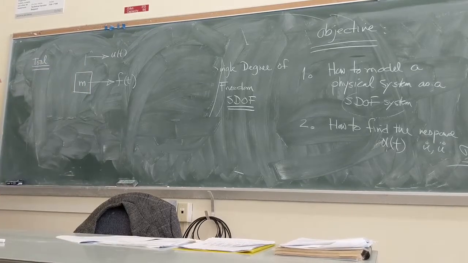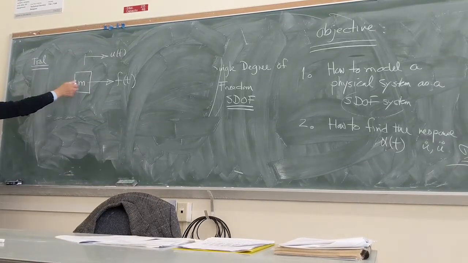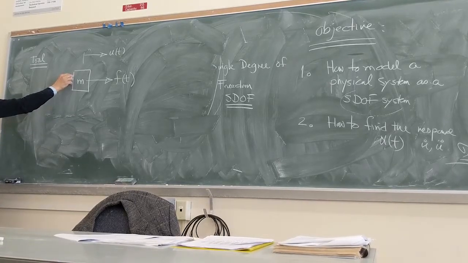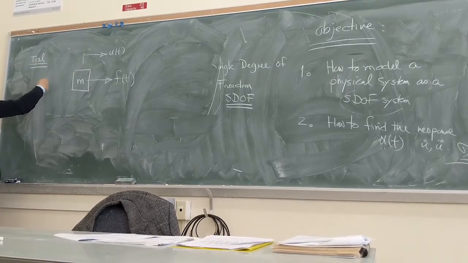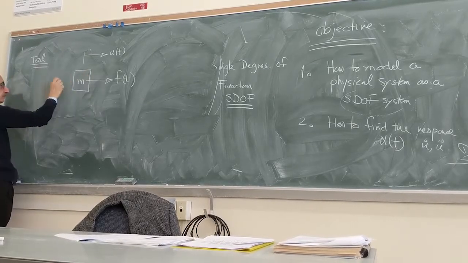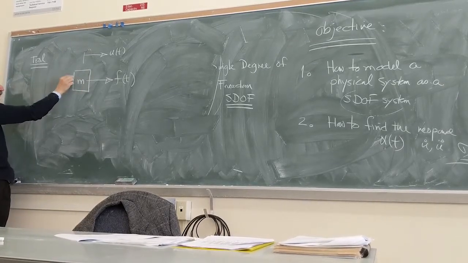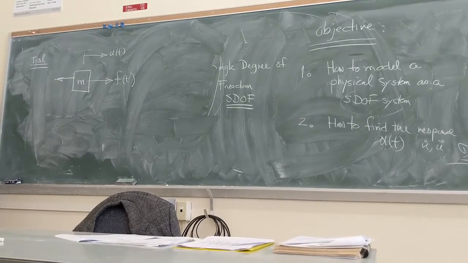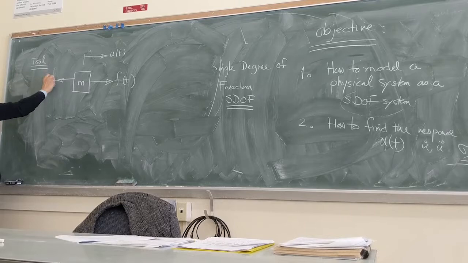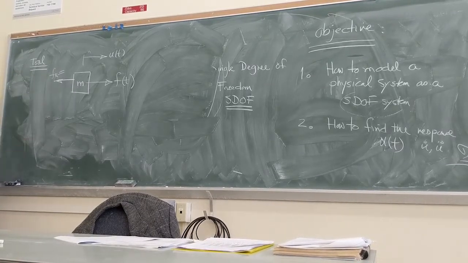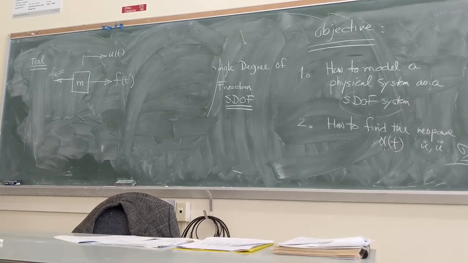I said this mass is resisting the motion, or an inherent characteristic of this is that it resists this deformation in one direction due to the action of two forces. One is this force of elasticity, or the spring force, which we assume is a linear function of the displacement.